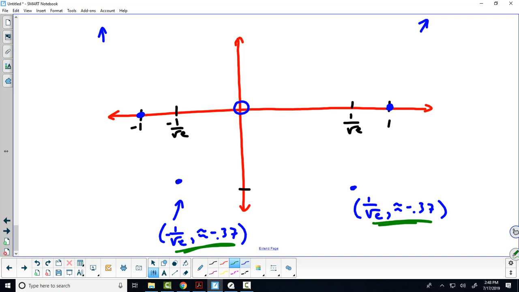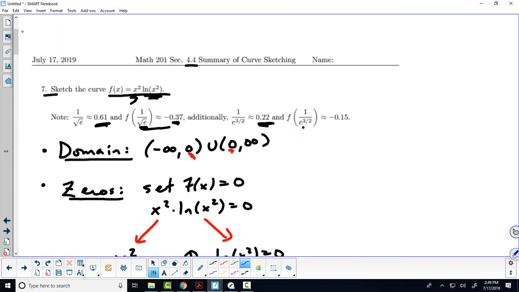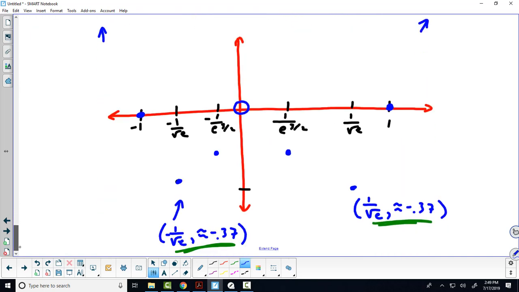Then we need to put up our 2 inflection points that we found. We had one at 1 over e to the 3/2 and another one at minus 1 over e to the 3/2. We could place that inflection point here and that inflection point here. The approximate value of f at that location is about negative 0.15.